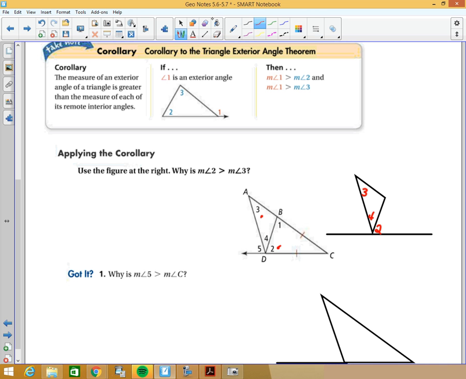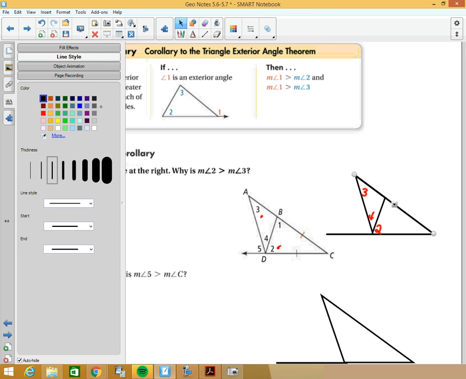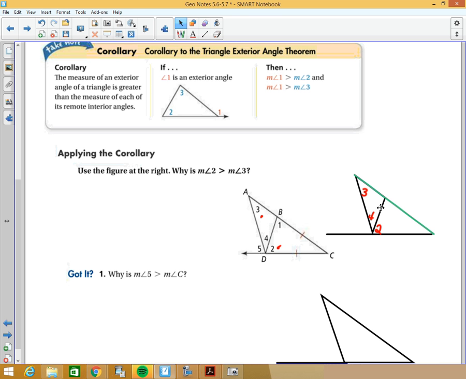Now I also have this triangle here that goes like that. I'm going to make that one a different color so you can tell what we're looking at. This triangle happens to be what kind of triangle? Isosceles. Looking at the isosceles triangle, we know that angle 1 is congruent to angle 2.